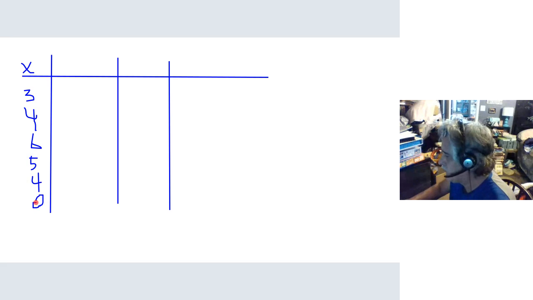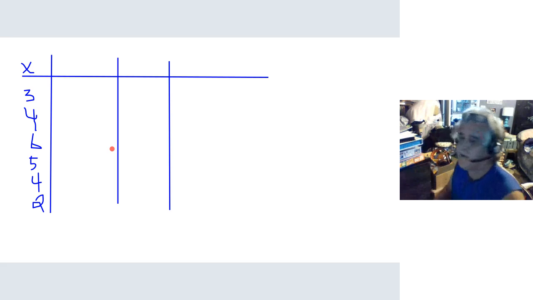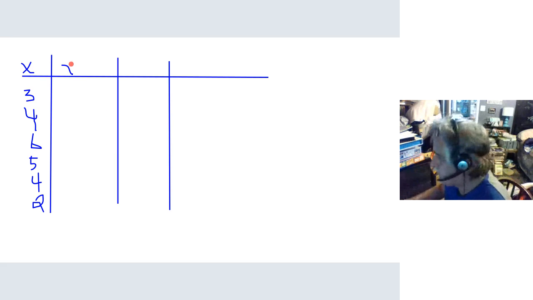All right, I just like to do them vertically like this, just to show you what's happening. And then this is going to be X minus X bar, X minus the mean. And we've already been told that X bar was 4. They calculated it for us, and we could do the same thing if we wanted to.